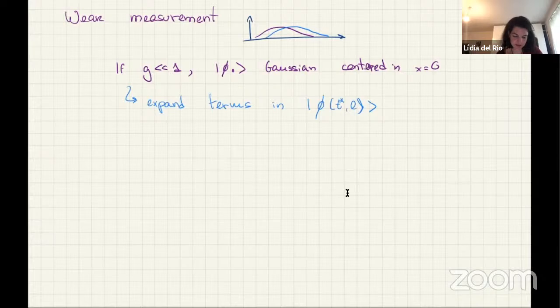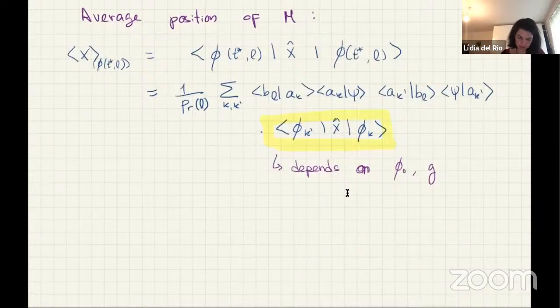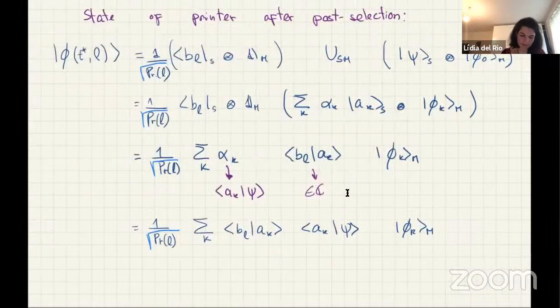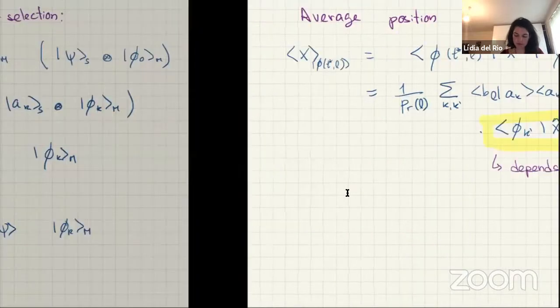The point is that the derivation itself is not super necessary here. But what matters is that the final state that we get of the pointer, so this state, let me copy it, this state can actually be approximated by a Gaussian.